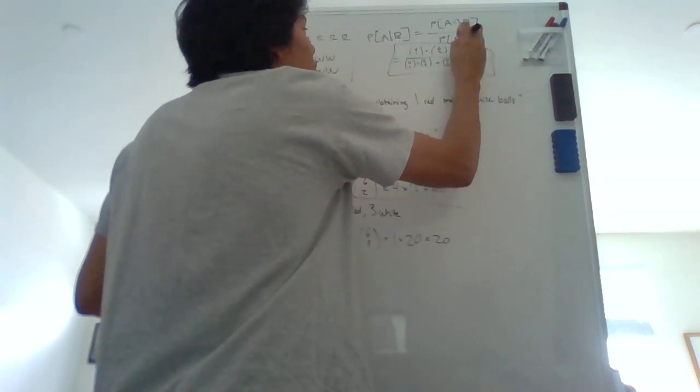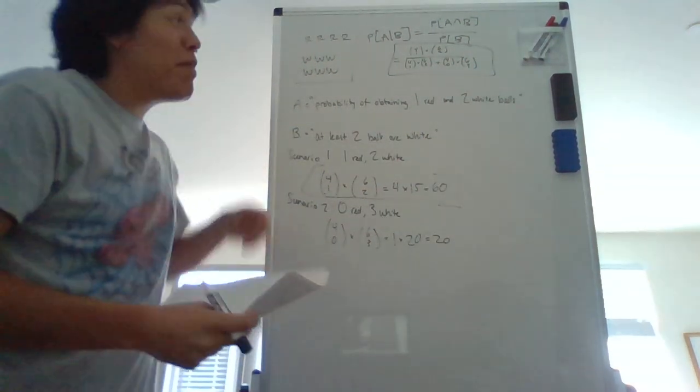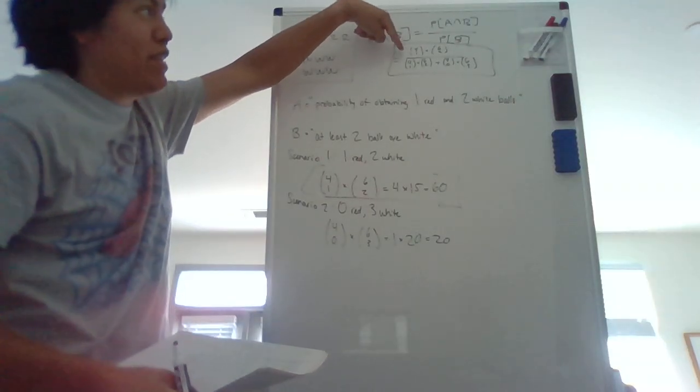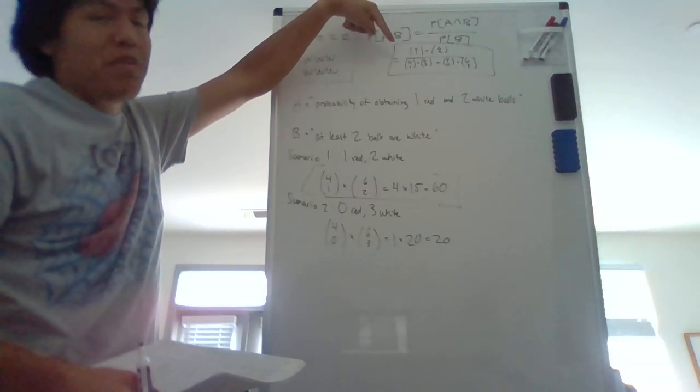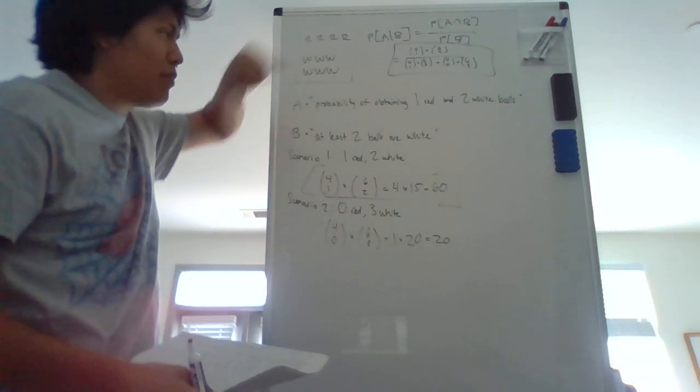If it's a little small, I'm really sorry, but that's it. That is the probability of A given B right up here.